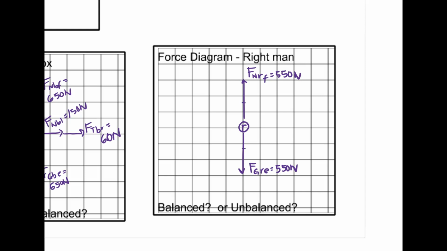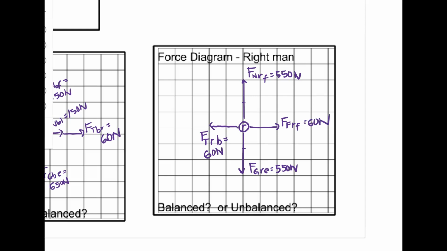And this has to be the same. And the right man is pulling to the right, so that means that the box is pulling him to the left. So it's the tension force on the right man with the box happening at 60 newtons. And the force of friction on the right man with the floor is happening also at 60 newtons.